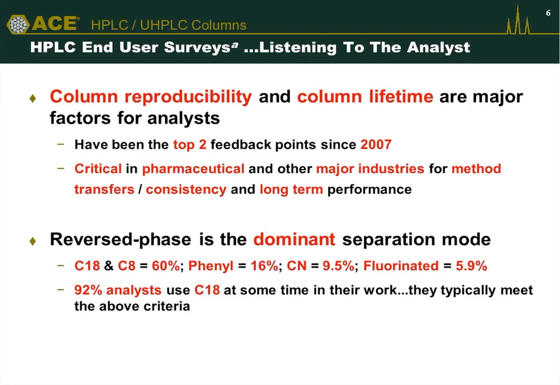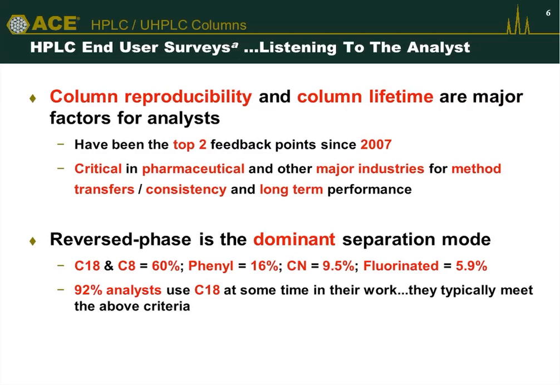Then it's phenyl column at 16%, then cyano and fluorinated columns. And in fact, 92% of analysts use a C18 at some point in their working week. So this is a very, very popular stationary phase. Everywhere around the world, people use C18 columns more than any other type of column.